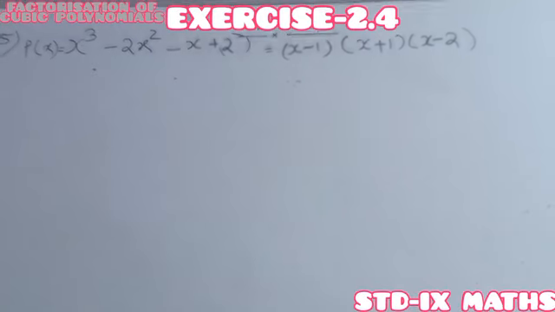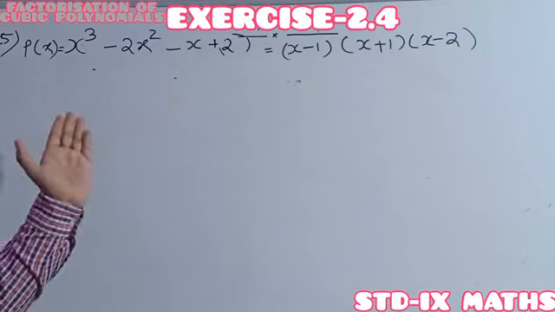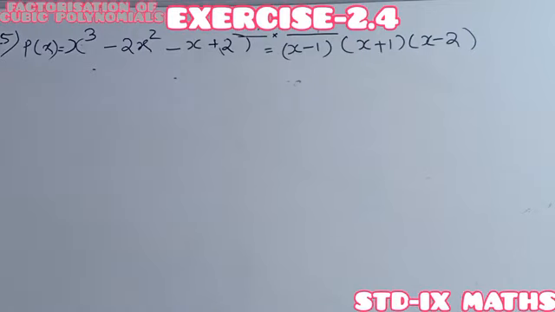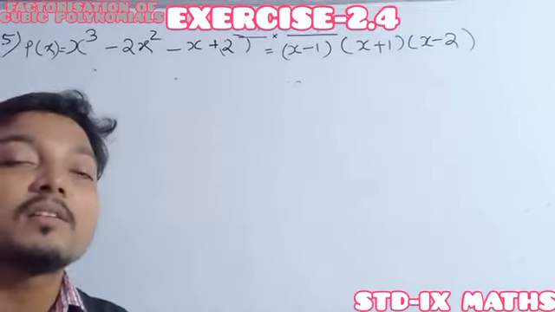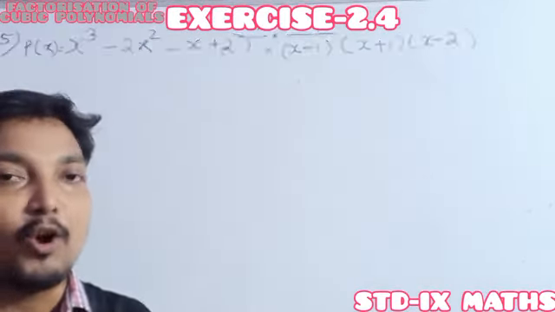The first question we have already done by factorization, and there we got how the cubic polynomial can be factorized in the form of just like this. And here I am saying that the same question can be done in another alternative way.